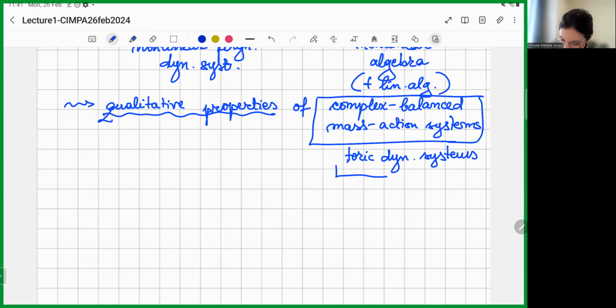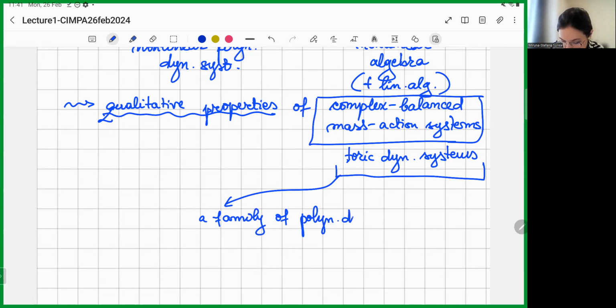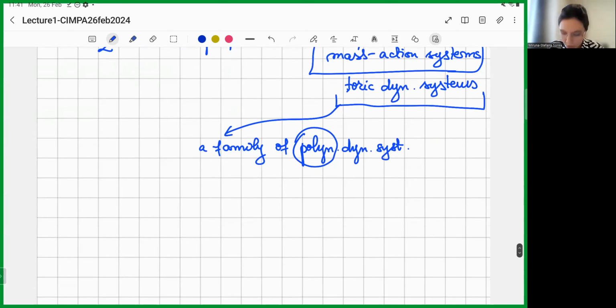So actually this class represents a family of polynomial dynamical systems. So here is where algebra and algebraic geometry you can already see come into play. And moreover, these are polynomial dynamical systems that are inspired by reaction networks.